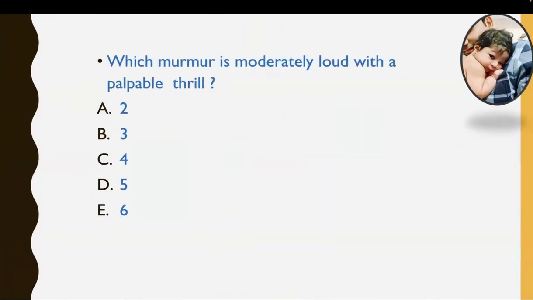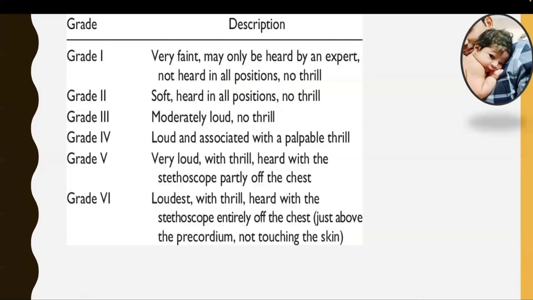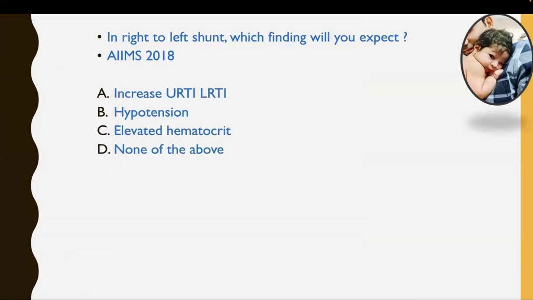Very importantly, a palpable thrill with a moderately loud murmur will be grade 4. Very loud is grade 5, and partially off the chest also, you will hear the murmur. And grade 6 will be the loudest. It will have a thrill and will be heard with the stethoscope entirely off the chest.